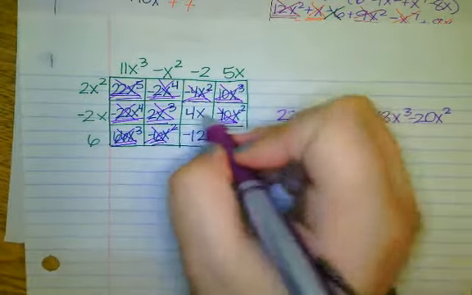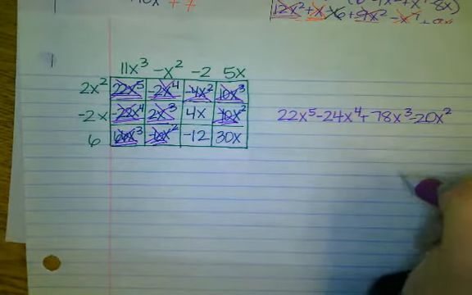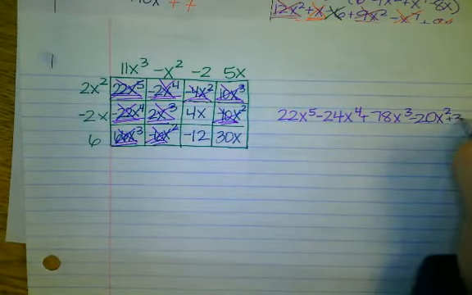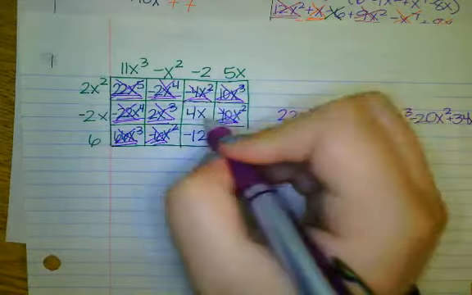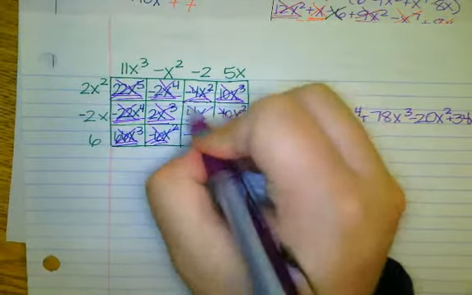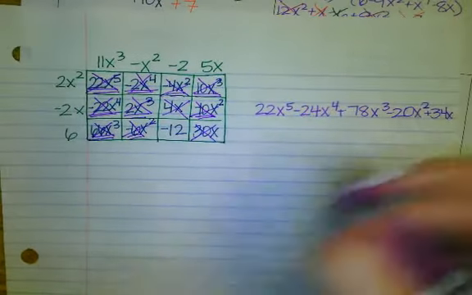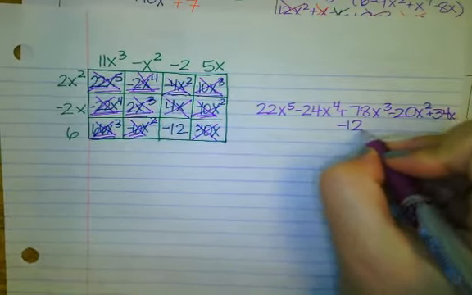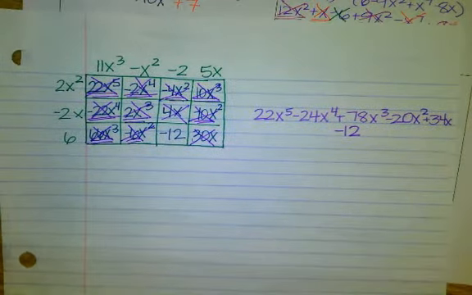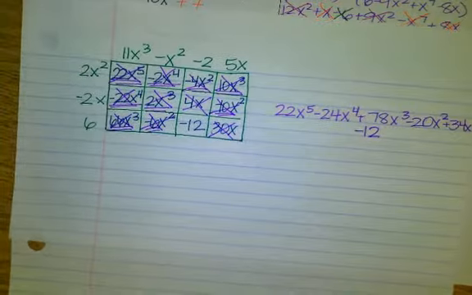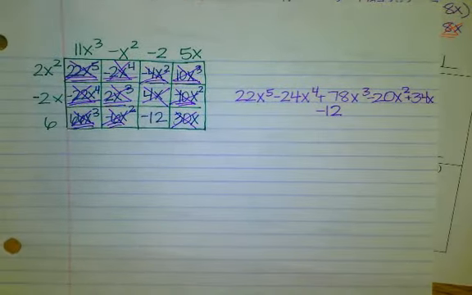And then I have my x terms. 34x. Very good. And of course I'm going to run out of room on the last term, which is negative 12. So 22x to the fifth minus 24x to the fourth plus 78x cubed minus 20x squared plus 34x minus 12.